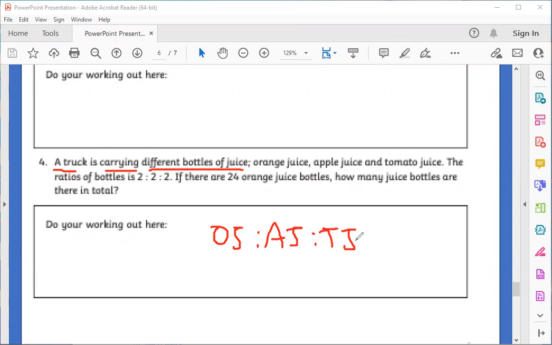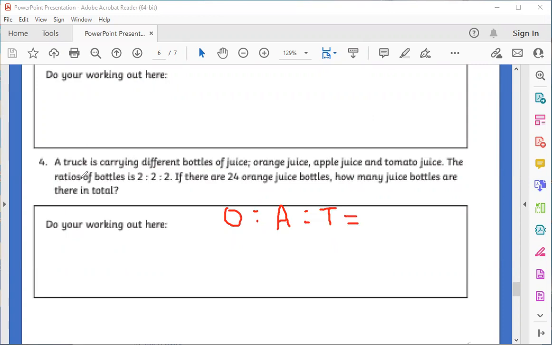So orange, apples to tomatoes. This is the same as 2 to 2 to 2. So, 2 bottles of orange juice to 2 bottles of apple juice to 2 bottles of tomato juice.